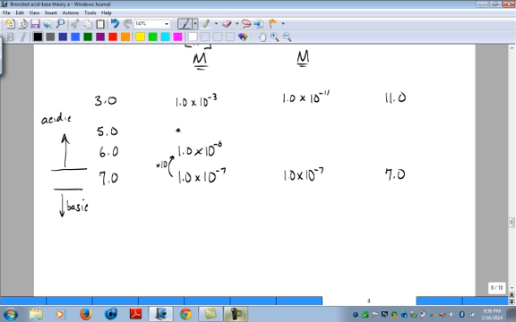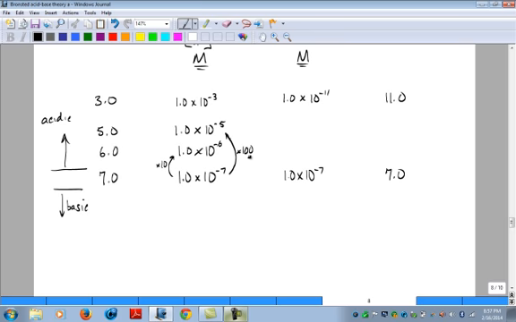then the concentration of hydronium at a pH of 5 is 1.0 times 10 to the minus 5 molar. There would be a 100-fold increase in acidity in hydronium concentration, though the pH dropped merely, it seems like a little bit, but it's actually a lot, 2 pH units.